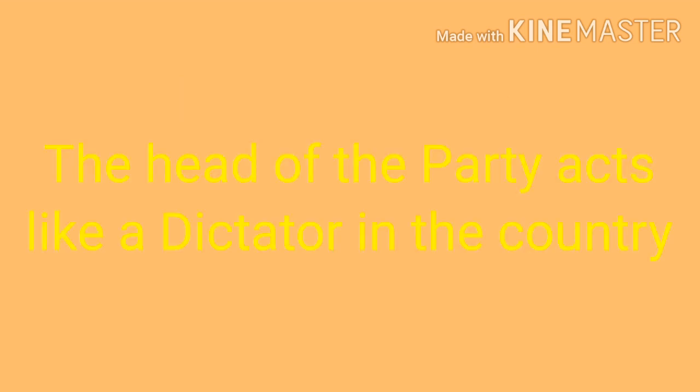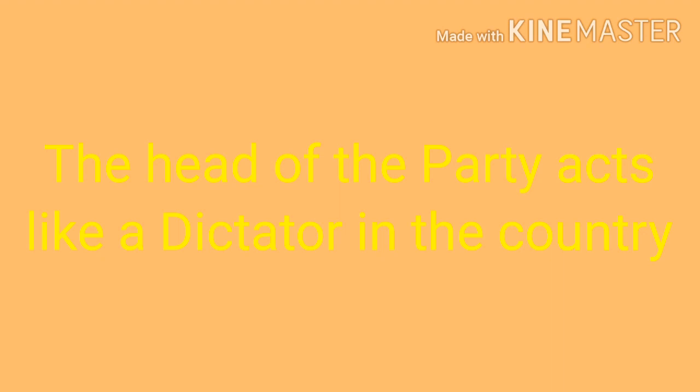Another disadvantage of the one party system is that the head of the party acts like a dictator in the country. In fact, democracy does not prevail under such a system. A democratic form of government has no importance in the one party system.